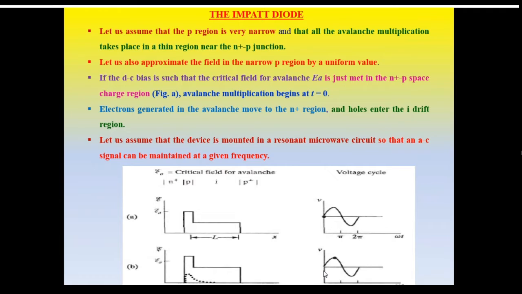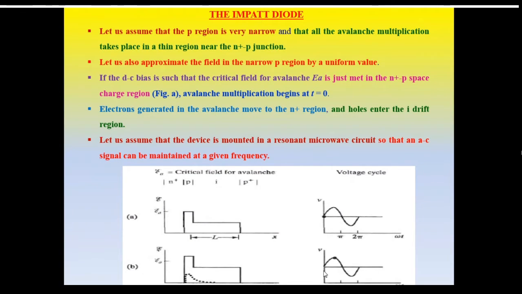So the carrier holes are moving, entering that I region. Now, how are these holes reaching and moving towards the p plus? Then we can say the process is complete.